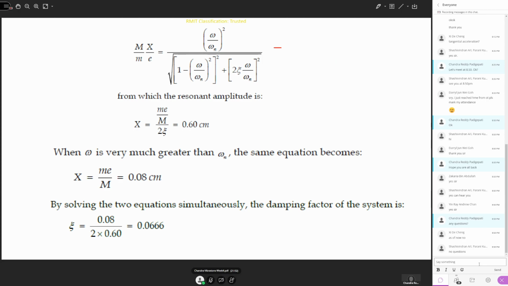So during resonance conditions, this equation will be simply 1 over square root of (1 minus 1 squared) whole squared plus (2 eta into 1) whole squared.